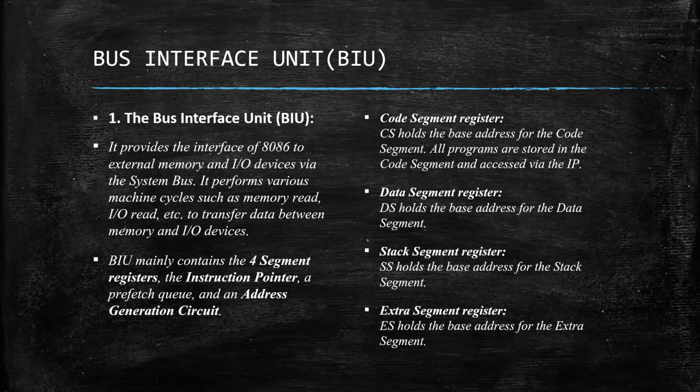This instruction pointer helps to fetch the instruction from the instruction queue. The data segment register holds the base address for the data segment. The stack segment register holds the base address for the stack segment. The extra segment register holds the base address for the extra segment.